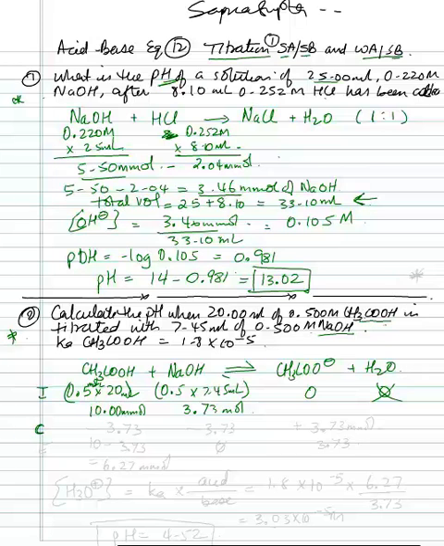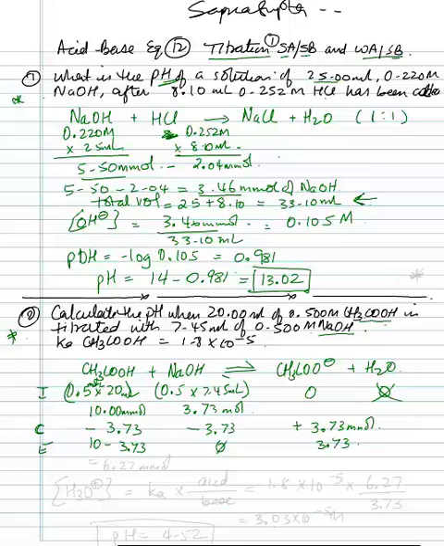So the change is minus 3.73 over here, but then you have to add 3.73 millimoles on this side. And so then at equilibrium, you have 10 minus 3.73 over here, 0 for the NaOH, and then 3.73 millimoles over here.